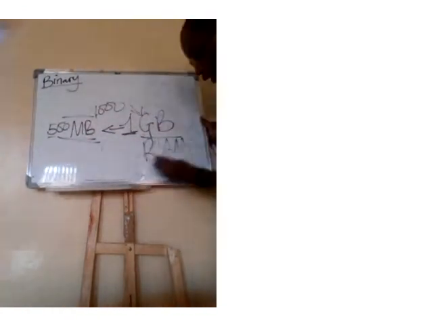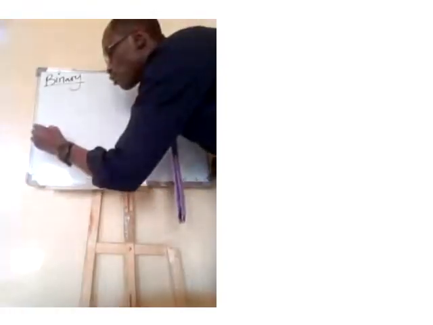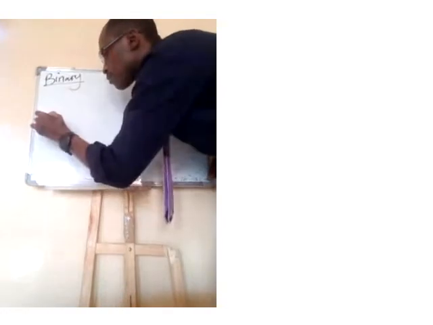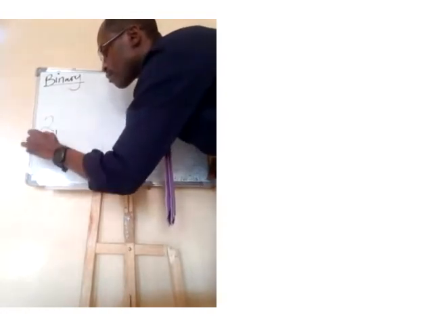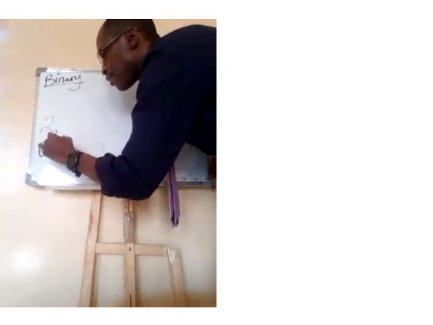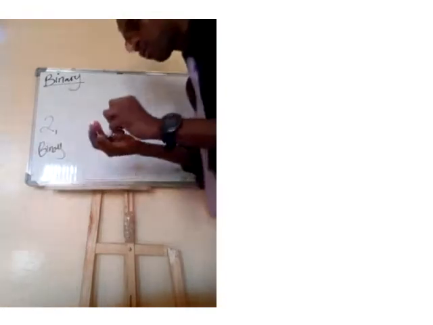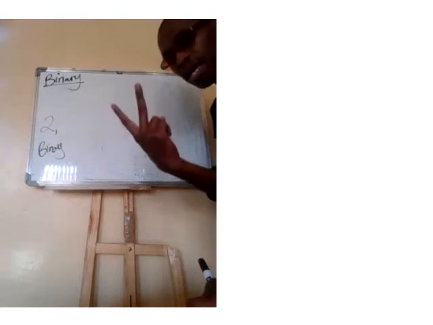Now let me show you how. We have 5 minutes. So binary means 2. When you're talking about binary, it means 2. And when a computer calculates, this is the base.